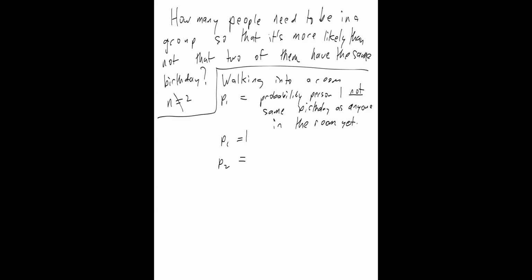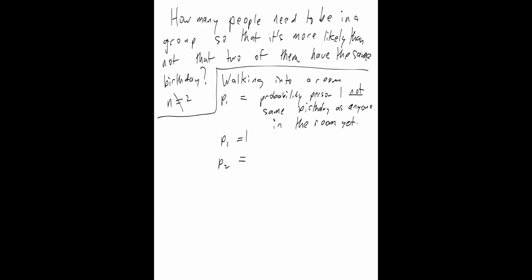So just to make sure that we're sure about the answer and it's definitely a big enough group, we're going to assume that there's 366 days in a year and not 365, just to make extra sure that we have a big enough group.